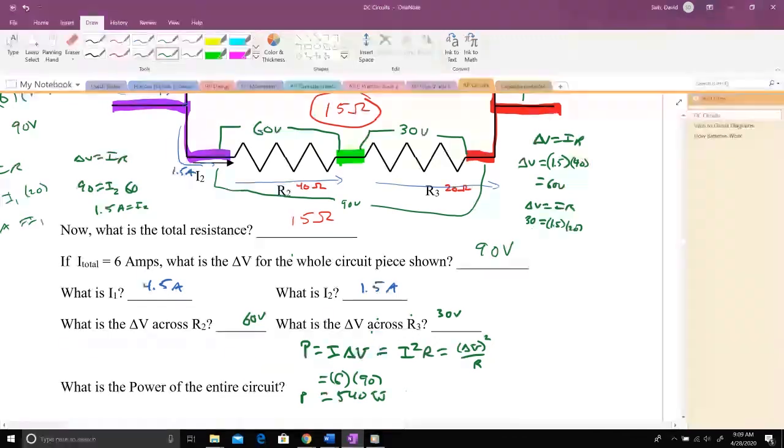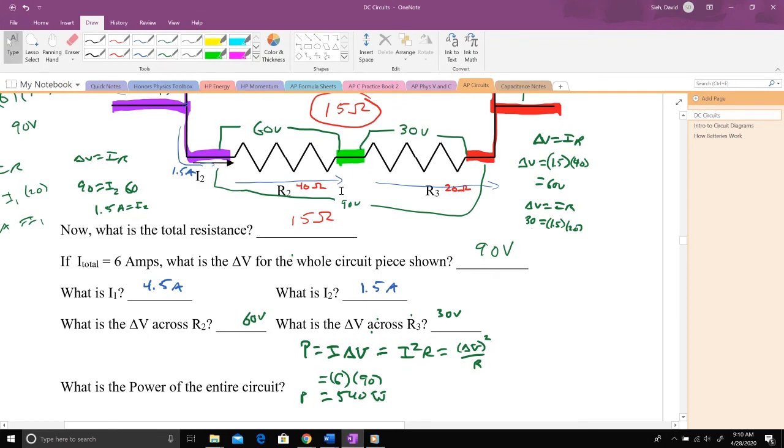So every second that charge is flowing through this circuit, we are converting 540 joules of energy from electric potential energy of the charges into probably thermal energy. Maybe some of these are light bulbs and some of the energy goes into light, but we're taking energy out of those charges at that rate.